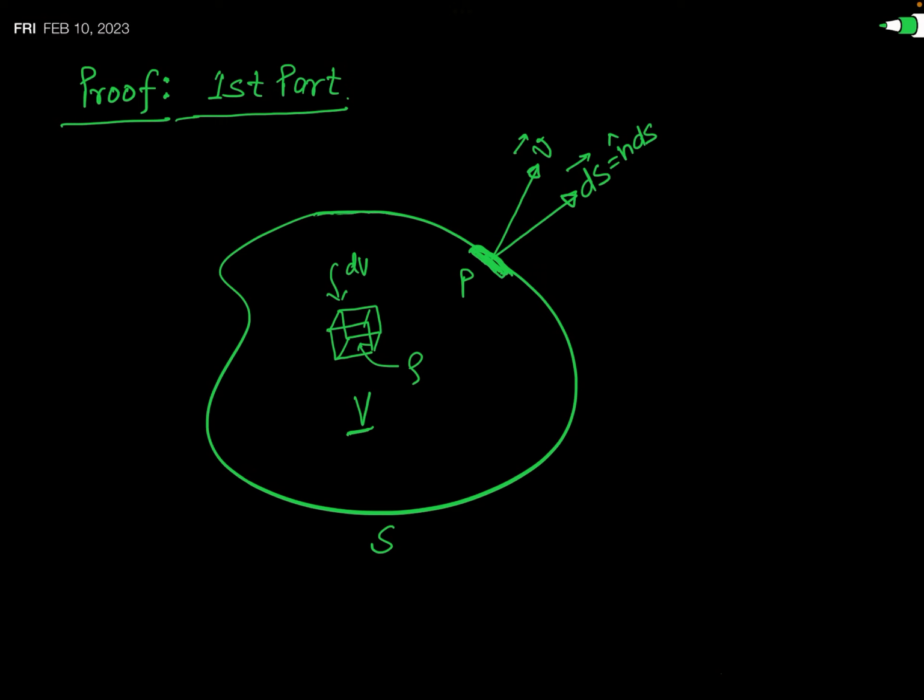Okay. Now let us consider a point P on this bounding surface S, and we also consider a very small elementary surface surrounding this point P, and that elementary surface has an area, let us say dS. As you know that the elementary surface is always a plane surface, and a plane surface is treated like a vector.